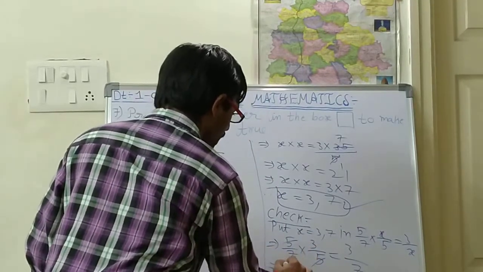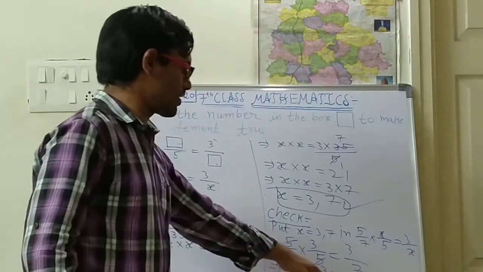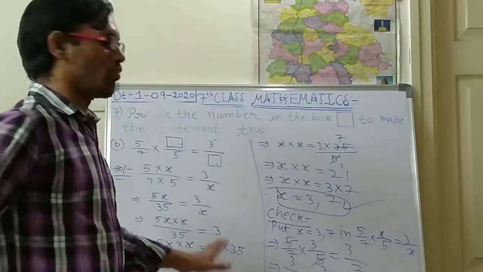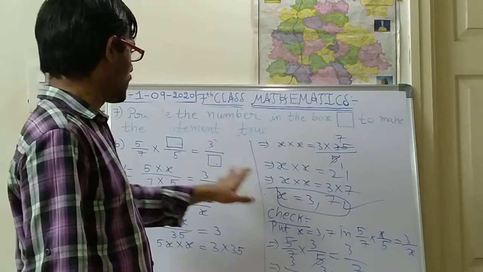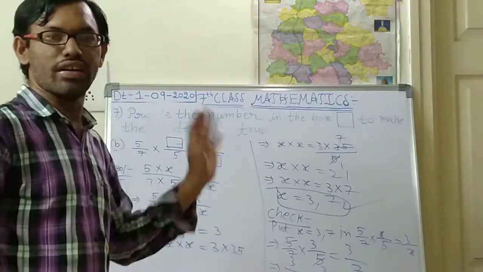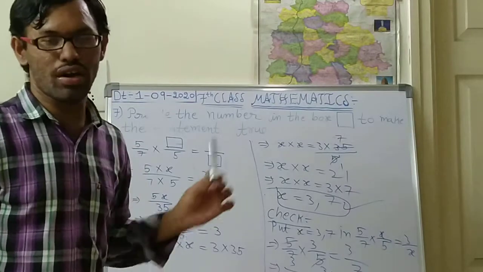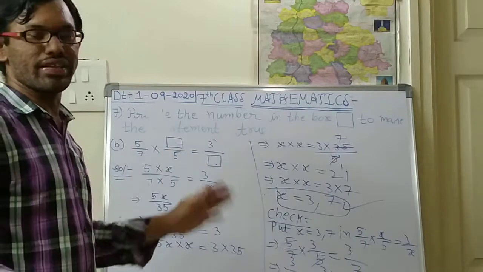So what is the result? 3 by 7 is equal to 3 by 7. So LHS is equal to RHS. So what you should write? x is equal to 3 comma 7 is the correct result. Like this you are supposed to end this answer. I hope you understood this one. So with this, the exercise is completed.